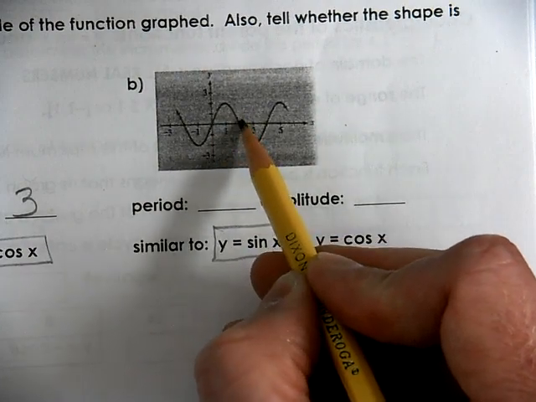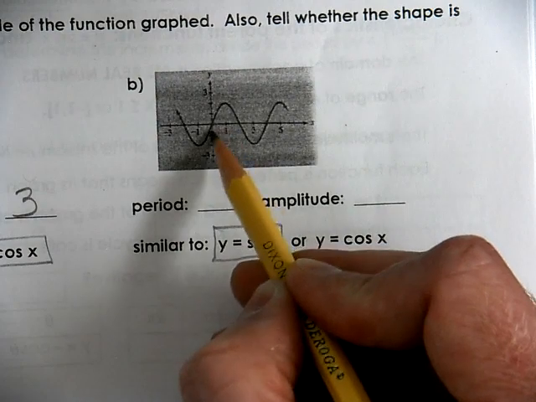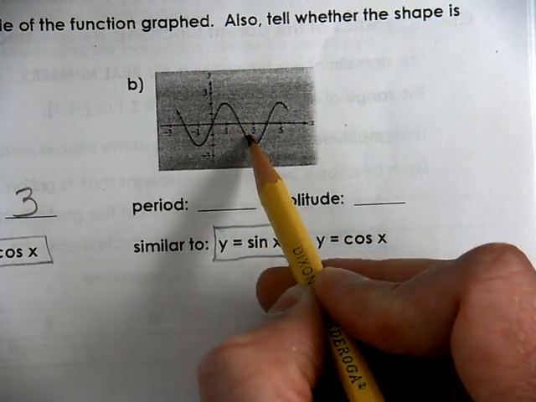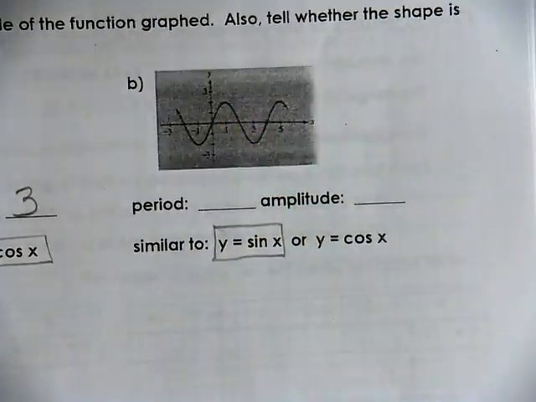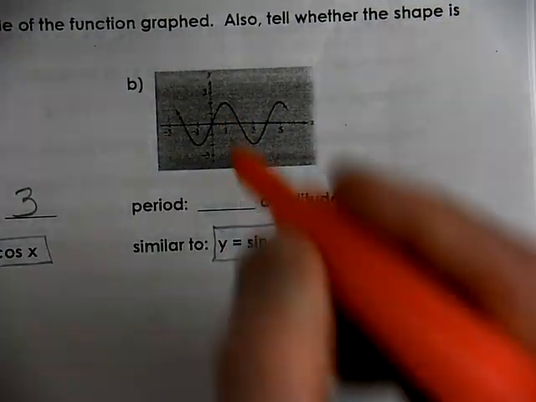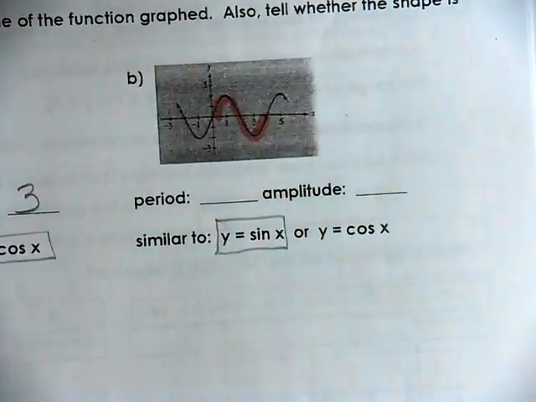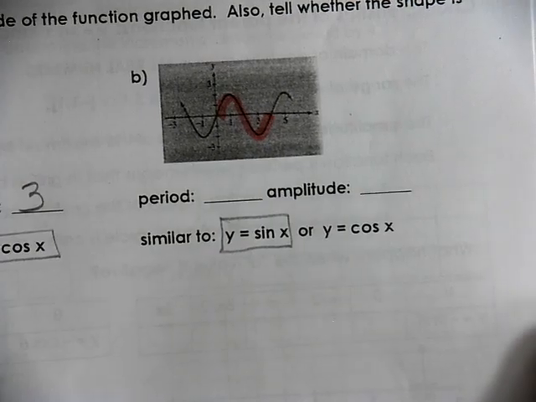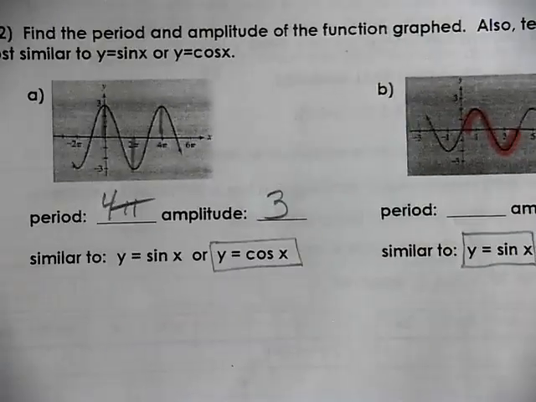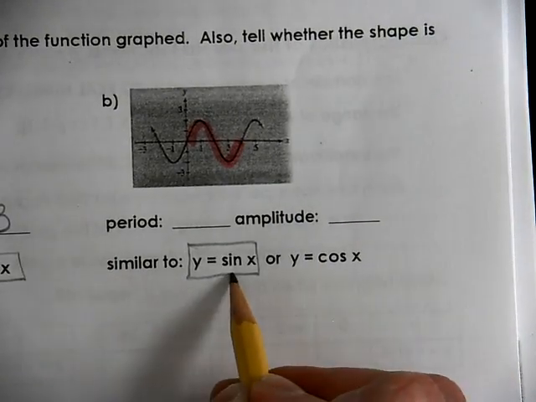This is decreasing through 0, but here we are increasing through 0. So we're increasing, decreasing, and increasing. So that's our cycle. So our cycle would be right through there. And then that would repeat itself again and again and again as it went through. So that's why we call it sine.